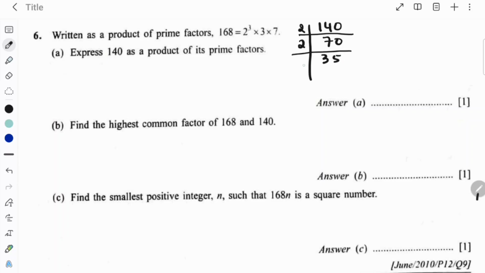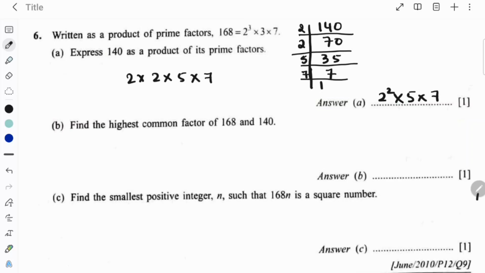Then you will take the 7 times table, 5 times table. 5 times 7 is 35, and 7 times 1 is 7. So we are having 2 squared into 5 into 7. 2 into 2 into 5 into 7 means 2 squared into 5 into 7.